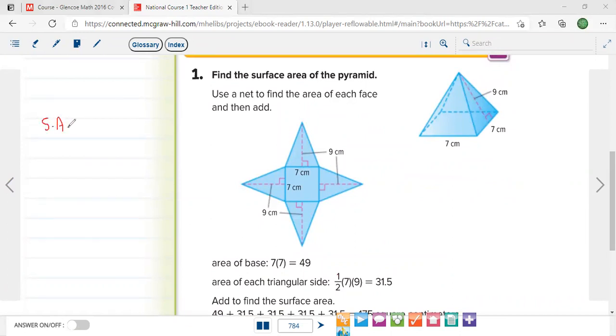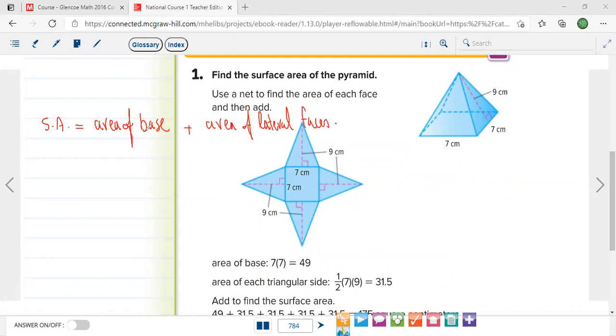Surface area of a pyramid equals area of base, because we have here only one base, not two times area of base like before, just area of base, plus area of lateral faces.